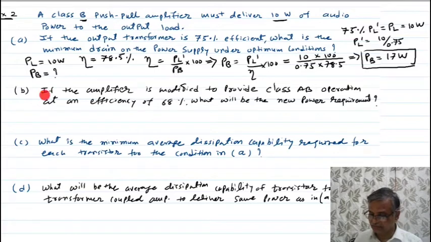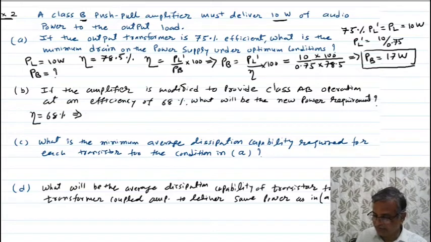Second question. If the amplifier is modified to provide class AB operation at an efficiency of 68%, what will be the new power required? Means they have given eta is 68%. So from this I can write eta is equal to PL dash upon PB into 100.